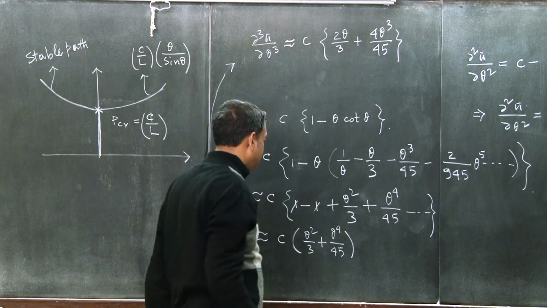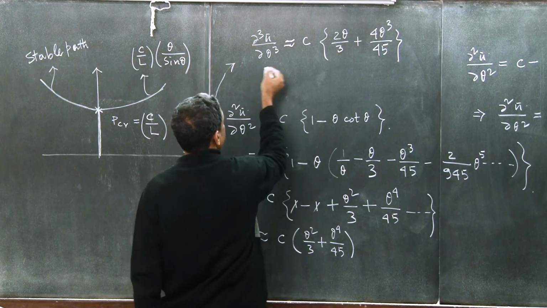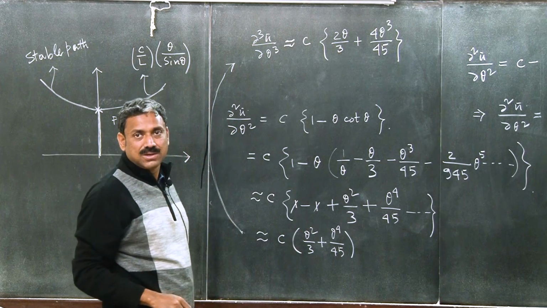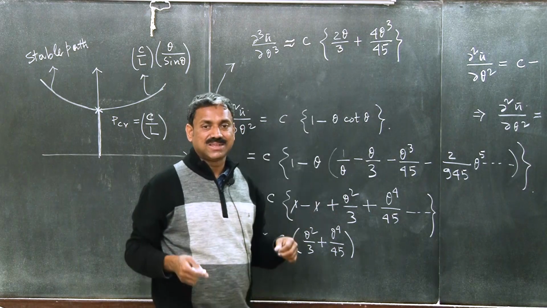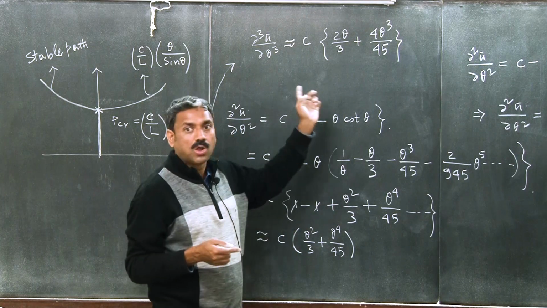Please note that this is approximate, right? Once again, you will not be able to decisively say anything, because all of this contains theta. So when you put theta tending to 0, this will all be 0.